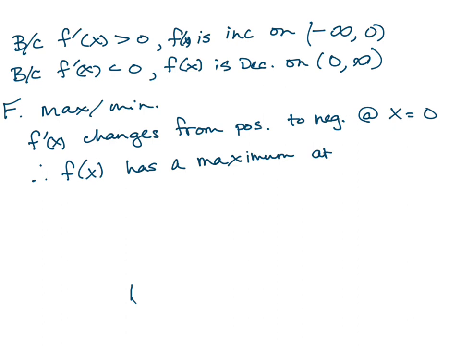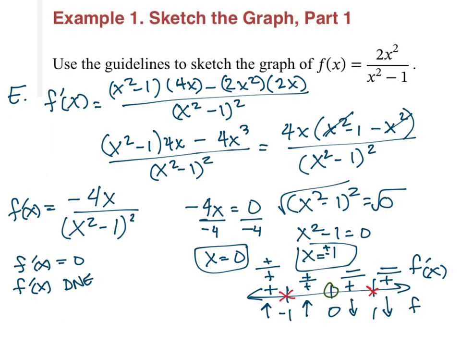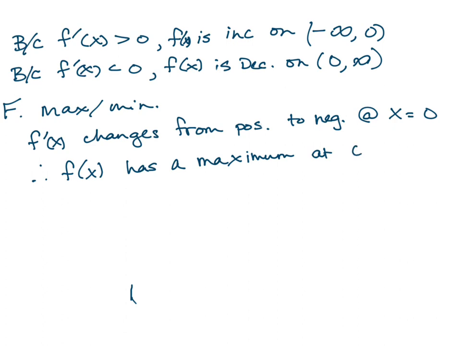At x equals 0, but what's the point? Plug it into the original equation. Our original equation is this guy right here. So 0 on top, negative 1 on bottom. 0, comma 0. F of x has a maximum at 0, comma 0.